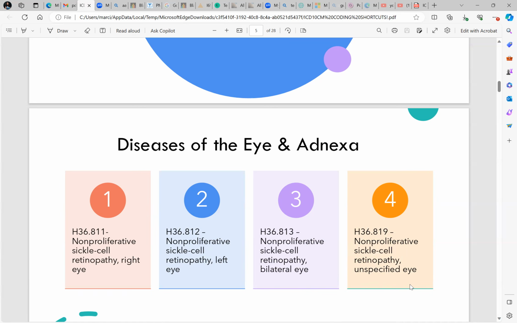You might see a lot of cancer codes if you work in oncology. If you work for an eye doctor, you might see these eye codes. And if you work with an audiologist, you might see a lot of these ear codes. So these are things to remember when you're coding.